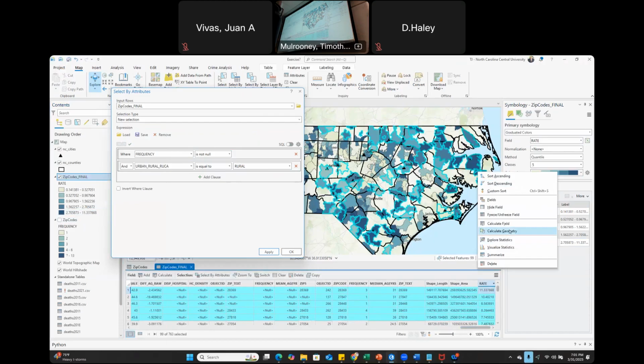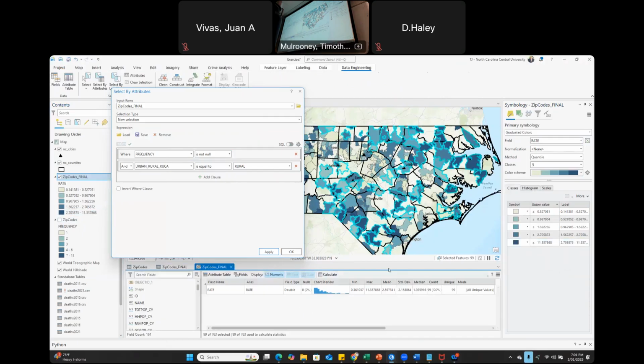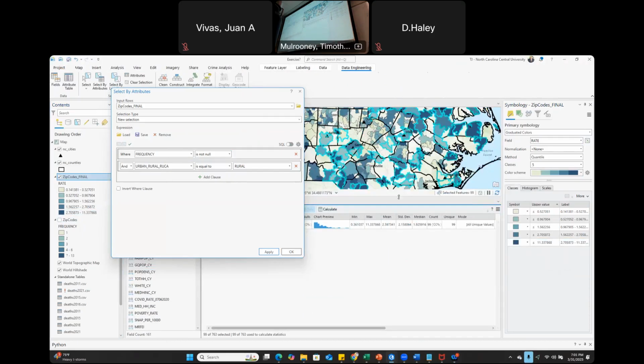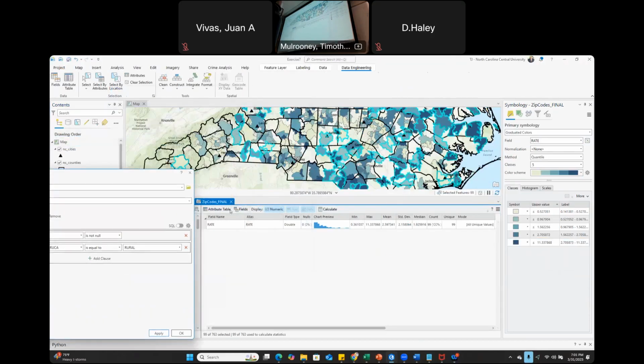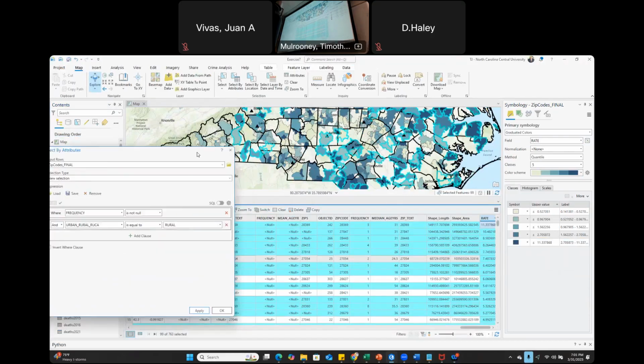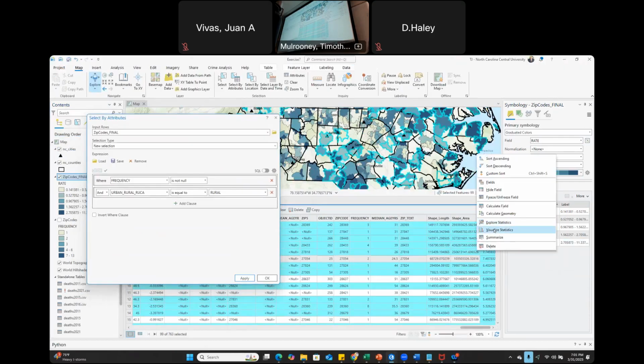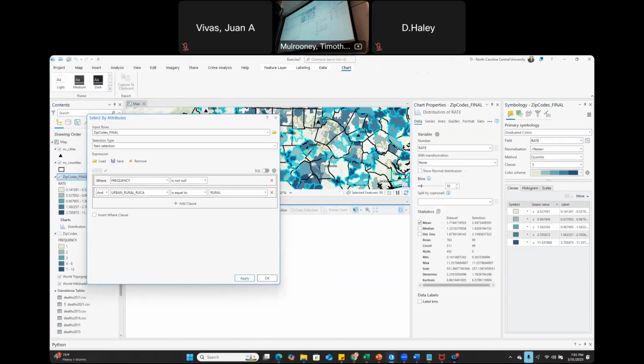Right mouse click. Oh, I don't want to do explore statistics. What do I do? Visualize statistics? This is a whole new thing that I've got to teach in geostats. Okay, visualize statistics.